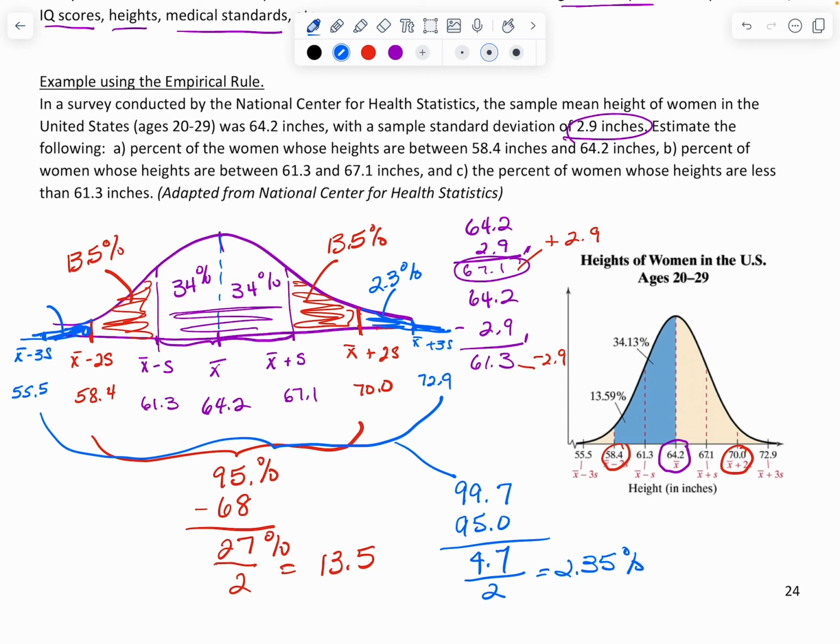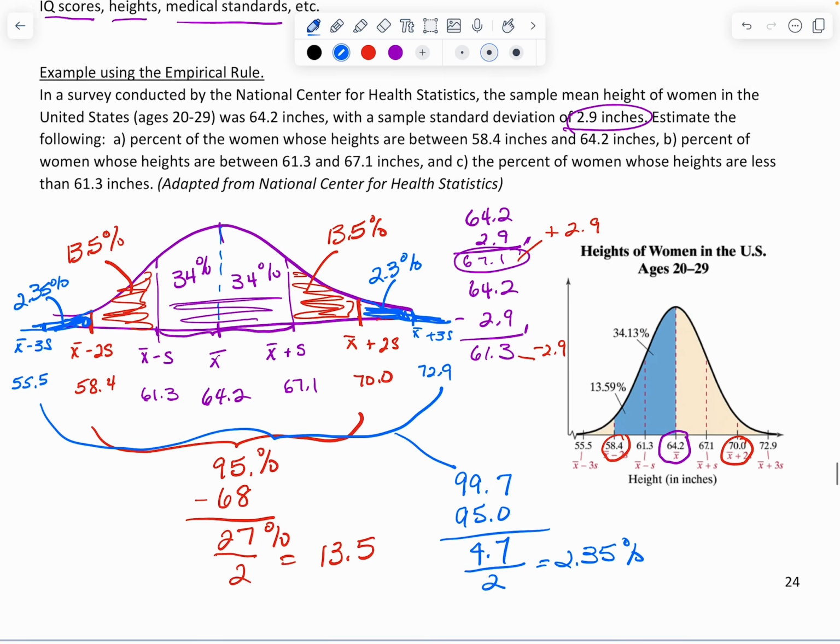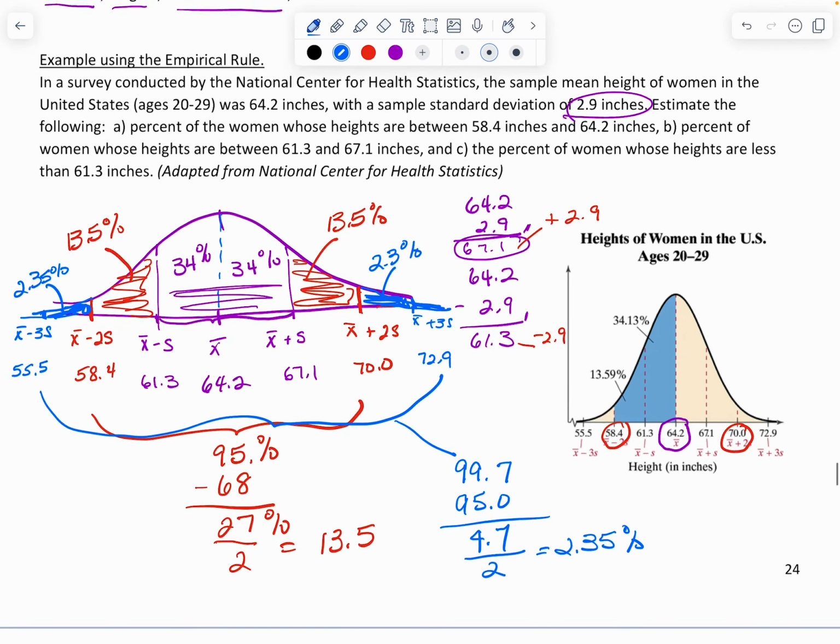And this is 2.35% in this blue area and 2.35% in this blue area. Okay. Which is exactly what it shows in this chart. But like I said, the chart was figured out for us. If we didn't have the chart figured out for us, we would have to figure this out for ourselves.